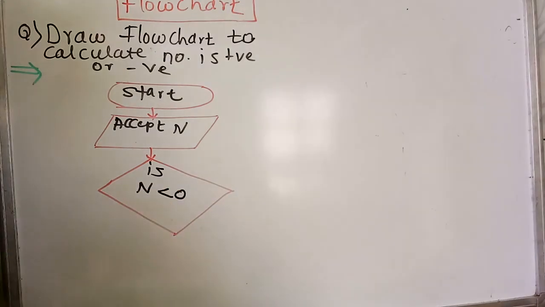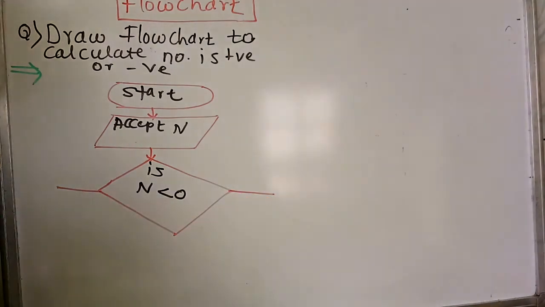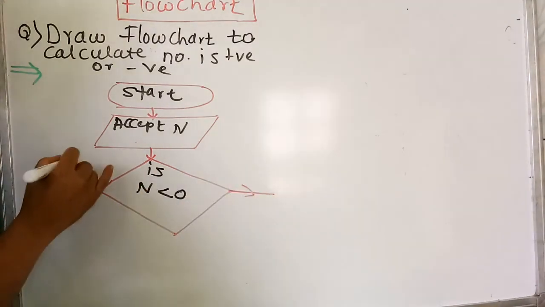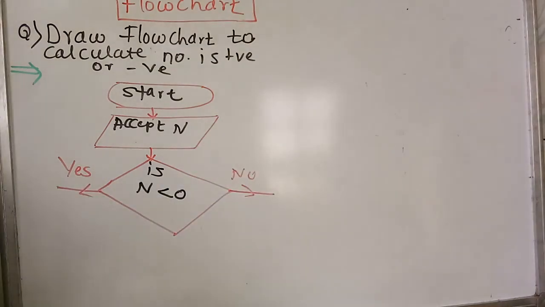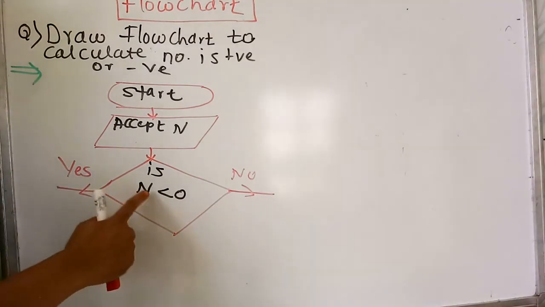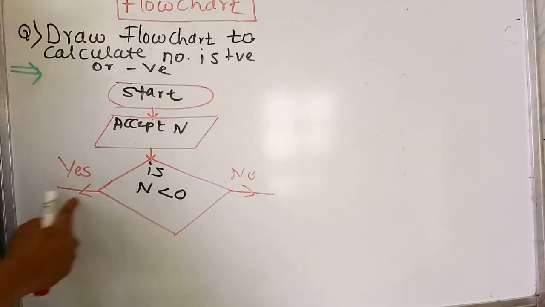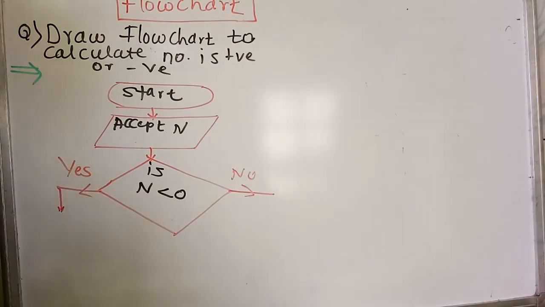As we all know, this test condition has two parts, plus and minus. One flow gives us the yes condition and another flow gives us the no condition. Now, if n is less than 0, then if yes, what will it display? It will display the message, number is negative.